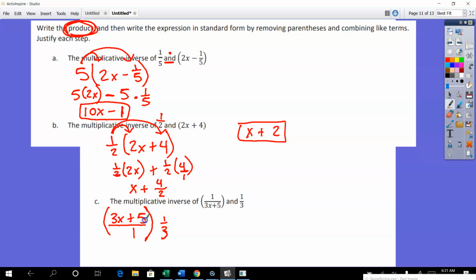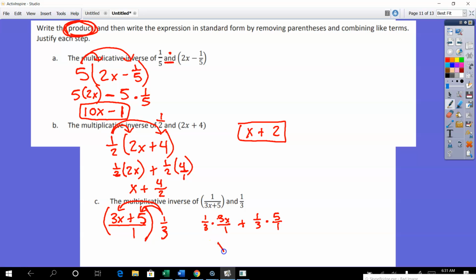Okay, so now it's still the distributive property. So 1/3 times 3x plus 1/3 times 5, and I'm just putting it over 1 to keep it organized.